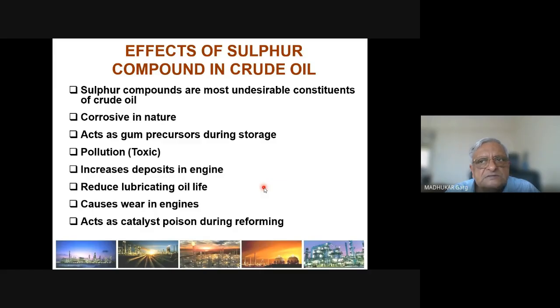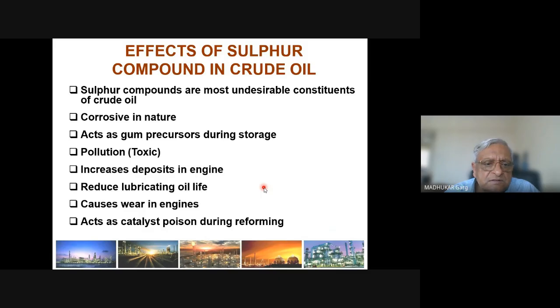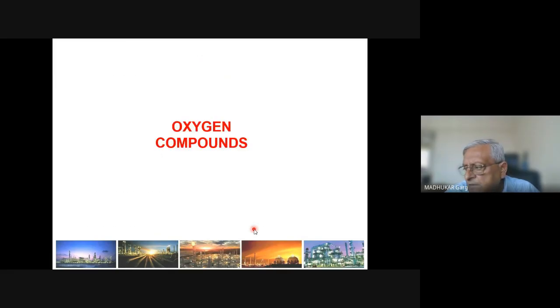When you burn these fuels in your vehicles, in your internal combustion engine, the sulfur gets combusted to sulfur dioxide, which comes out through the tailpipe and pollutes the atmosphere because it can lead to acid rain, etc. That is why we have limited the sulfur to less than 10 ppm. It has all kinds of problems in the vehicle itself. It causes wear in engines. And as I mentioned, we have to remove it in the refinery because it acts as a poison in some of these technologies.